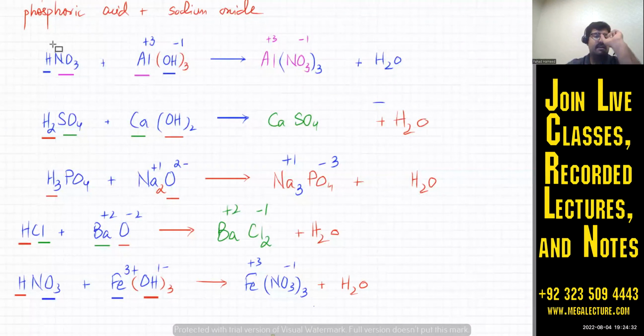The base was the one with OH ions or oxide ions. The OH and H will combine to form water, and whatever is left is the salt. The OH and H will combine to form water, and calcium and sulfate are left, that's your salt. The O and the H will combine to form water, and the metal and PO4 are left, you do crisscross, and that's your salt.